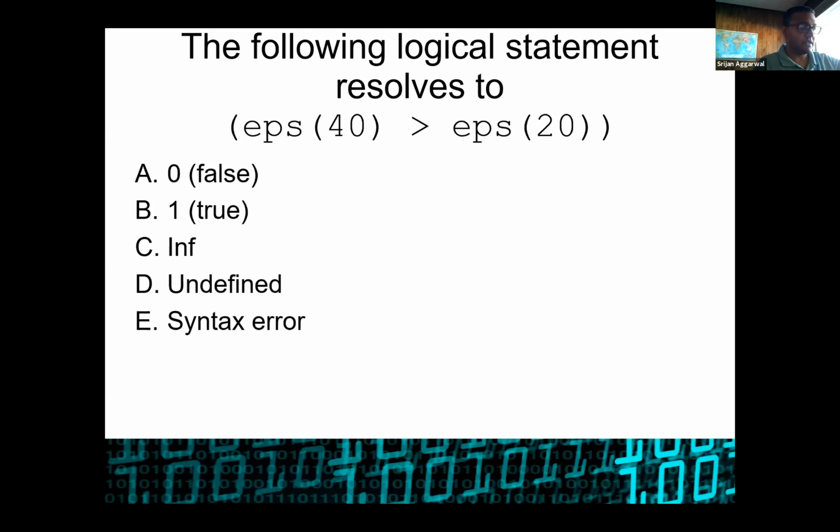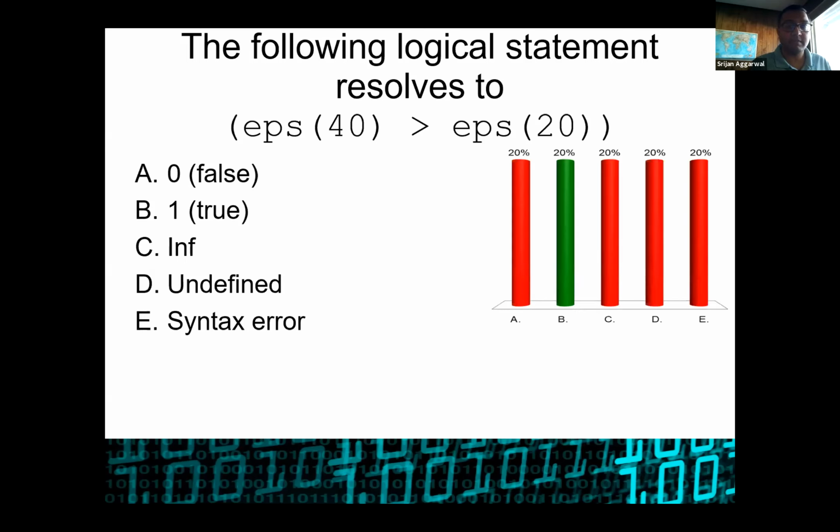I'm getting some people saying true, some people saying false. Actually, this would be true, because, as we saw, the greater the number, the larger the error in general. So the answer would be B, true.